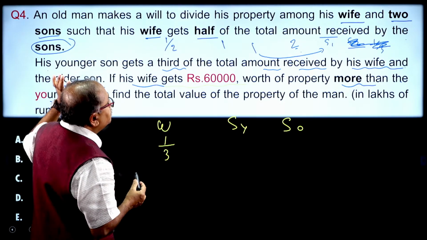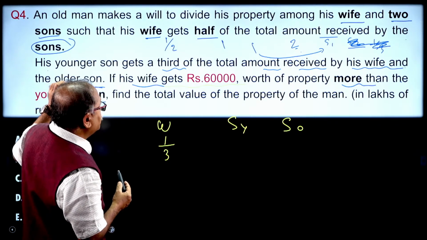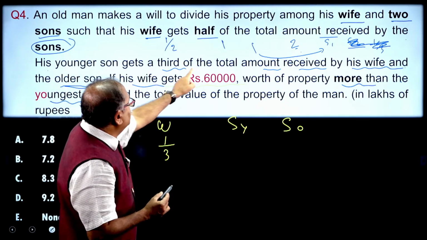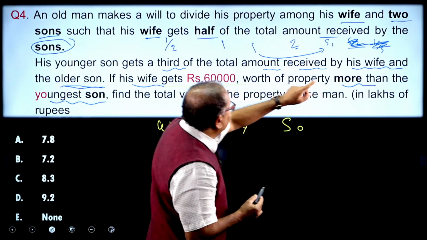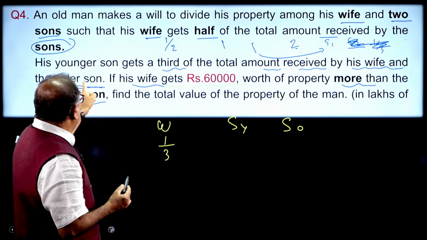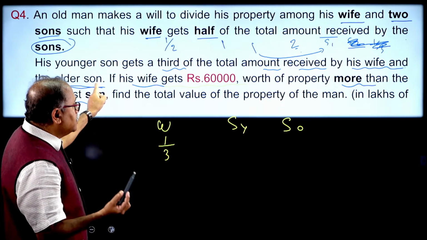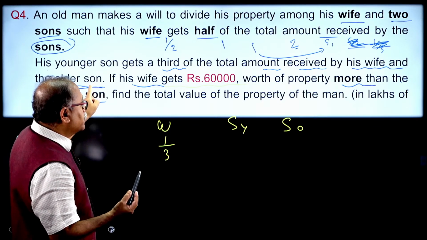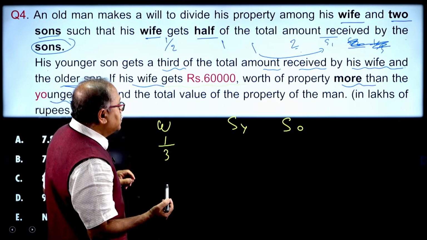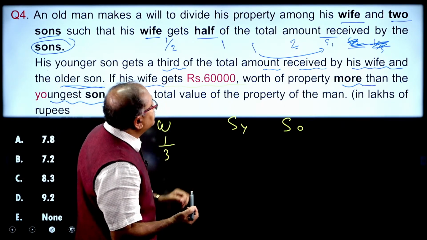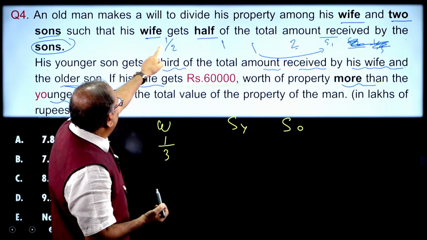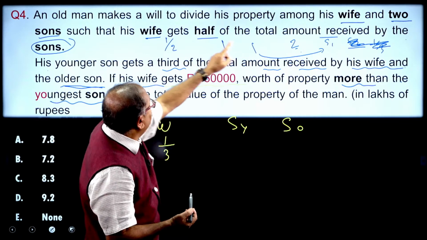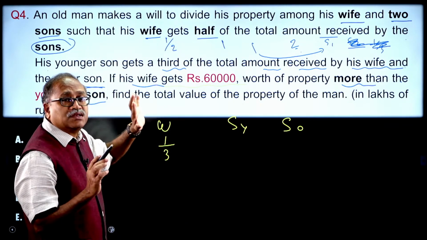Okay. And it is also mentioned that the younger gets 1/3 of the total amount received by his wife and older son. And here there is a small doubt created, that is what is the younger son value? Can I find out the younger son? Half of the total amount received by the sons.